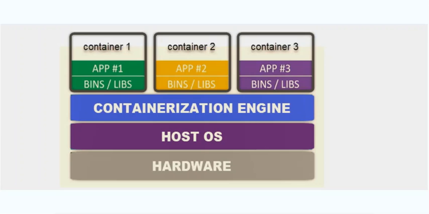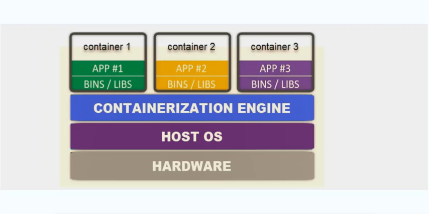If we see this diagram over here, a typical container model looks like this. We have the server hardware at the bottom, and on top of that we have the host operating system. Up to this, it's exactly the same as the virtual machine model. Now on top of that, what is present in a virtual machine is our hypervisor.